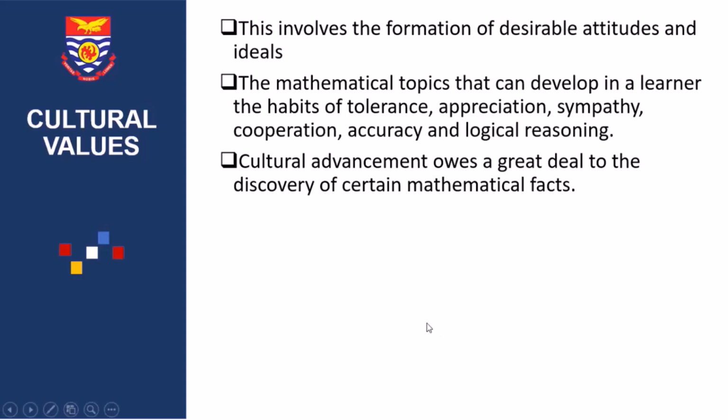So what we are saying here is that mathematics has played a major role in our cultural advancement, like the way our culture has grown from ancient times up to date. Mathematics has played a great role in that development. Therefore, so far as society exists, mathematics will continue to play a role in our advancement.